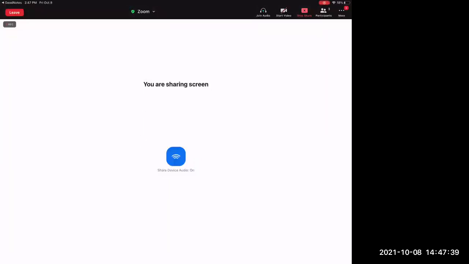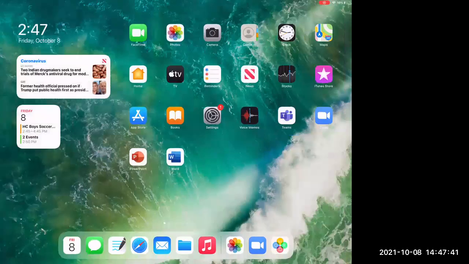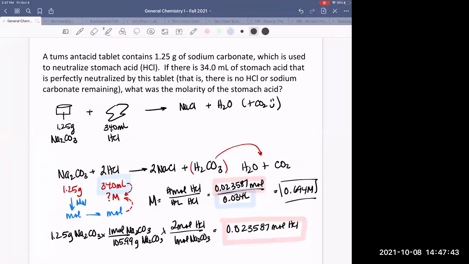Through molecular weight. Yes. And so I got the molecular weight of my sodium carbonate. And then I did the molar ratio, and then I was kind of like, where do I go from here? What's the second half of my equation to get myself to using the 34 milliliters to move forward towards my answer.